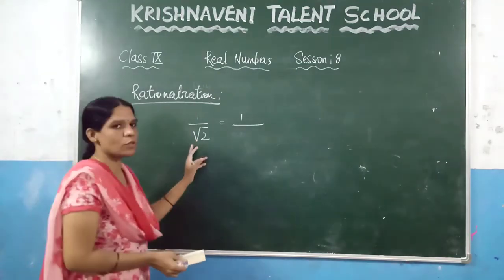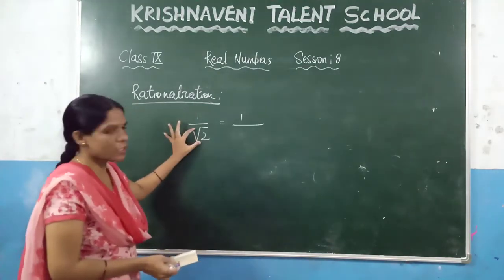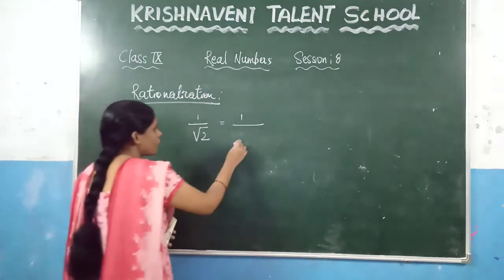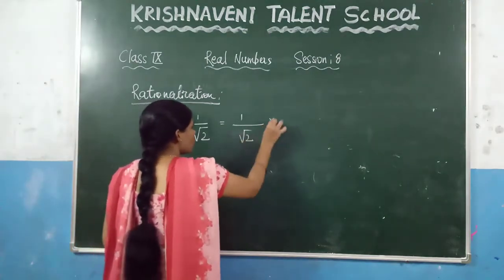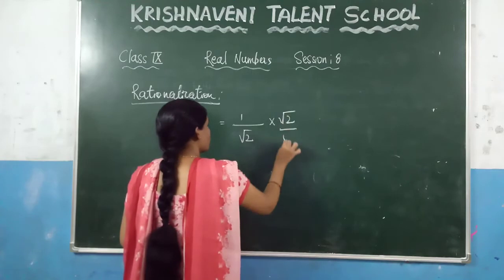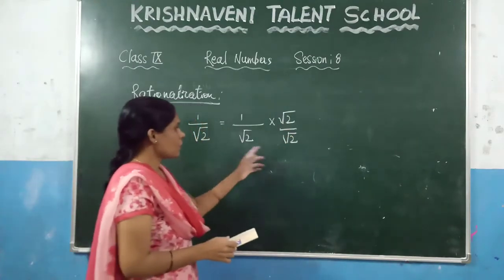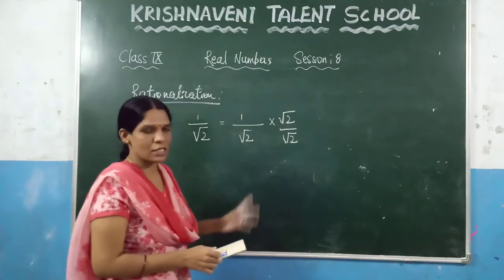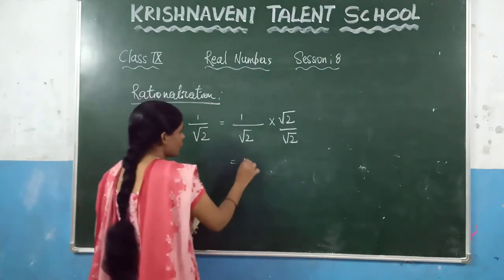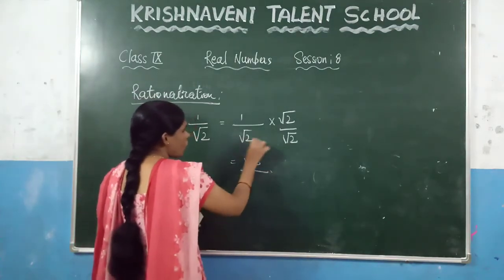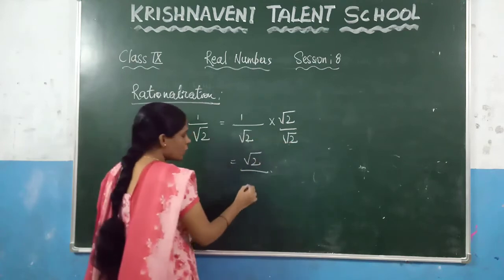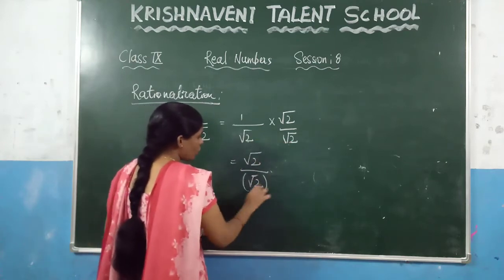So which number do we need to multiply here? The same number. So 1 by root 2 into root 2 by root 2. If you do it like this, this number will become rational. Here you will get root 2 by root 2 whole square, since root 2 is repeated 2 times.